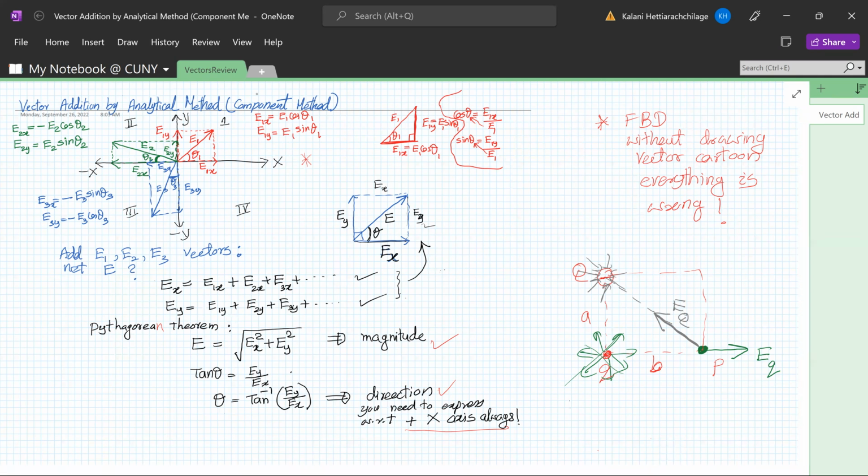It will convert all the vectors you have in the problem to two perpendicular vectors. If you have two perpendicular vectors, then you will be able to use the Pythagorean theorem. Otherwise, you are not able to do it here. So you need to find the x component and y component first. After that, you can use the Pythagorean theorem to solve it, right?